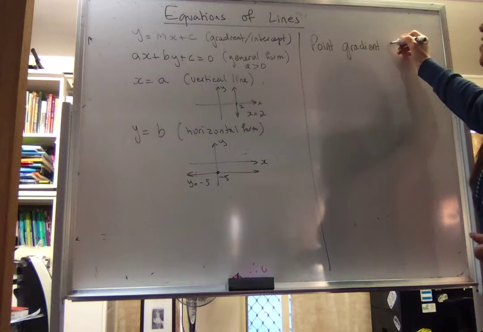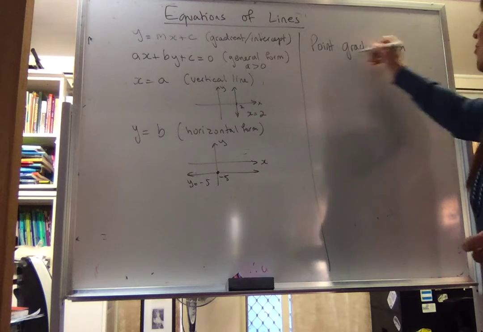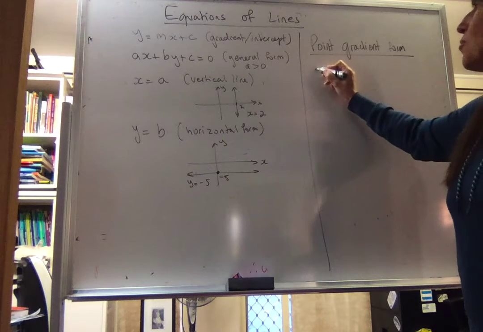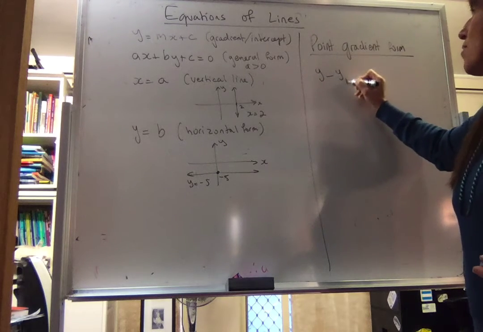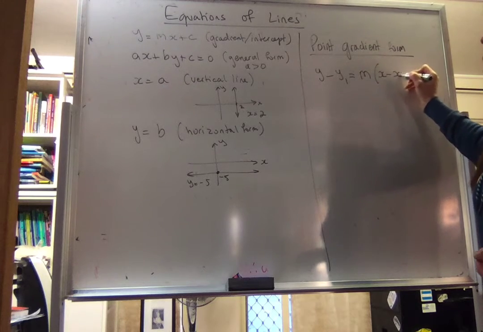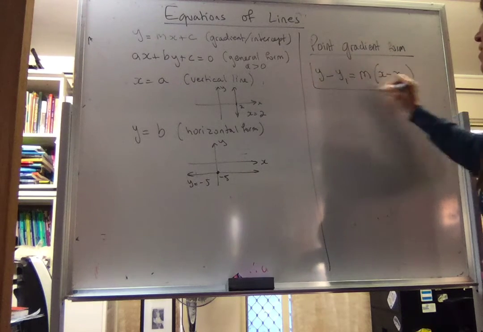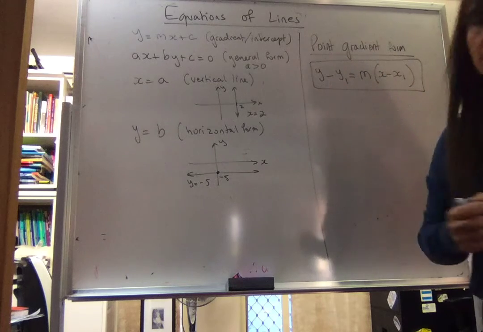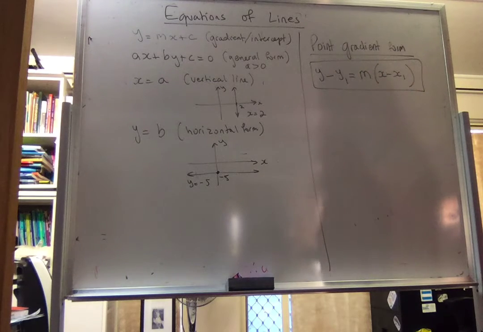So the point gradient form is y minus y1 equals m times x minus x1. Okay? We're going to use it over and over and over again.